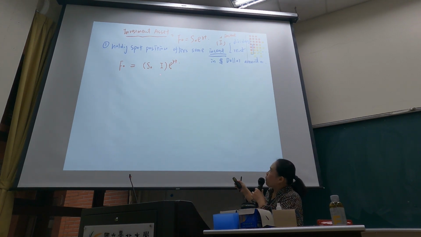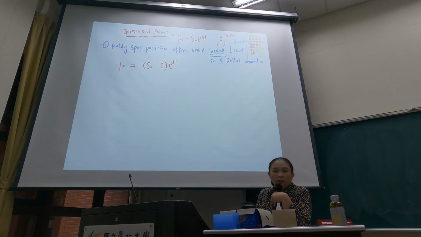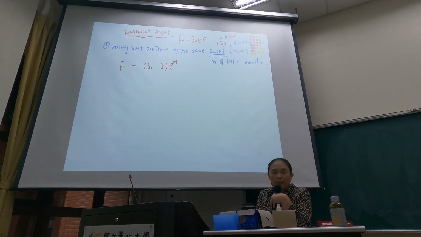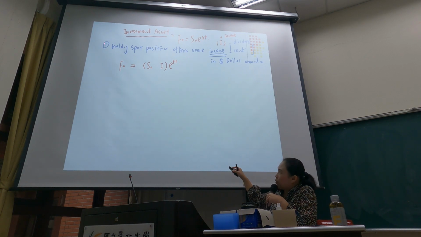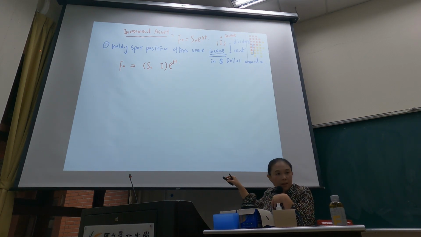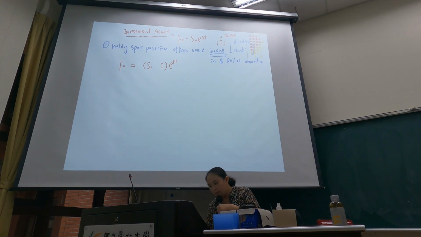Investor will prefer spot over futures, because when you hold the share itself, you receive the dividend. When you hold the futures, you don't. So in that case, the futures price should be marked down. It's cheaper, right? So that's negative here.